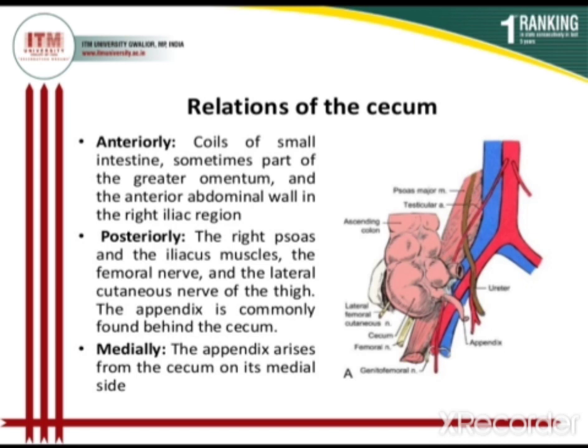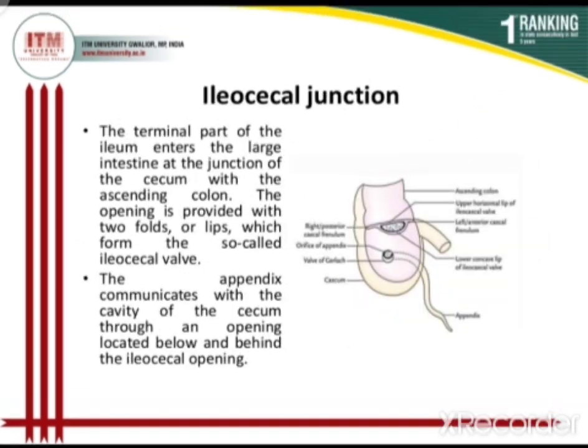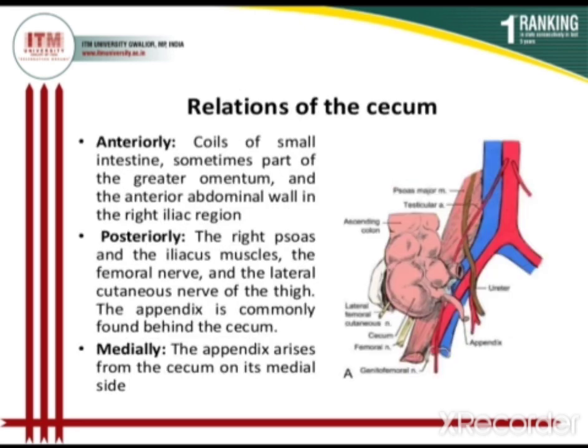The appendix is commonly found behind the cecum. You can see here the psoas major muscle. Medially, the appendix arises from the cecum on its medial side. Anteriorly there are the coils of small intestine, the greater omentum and the anterior abdominal wall in the right iliac region.